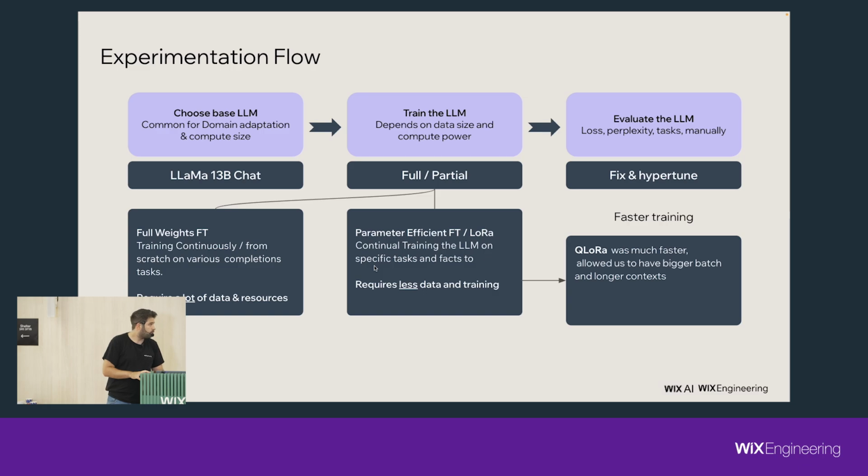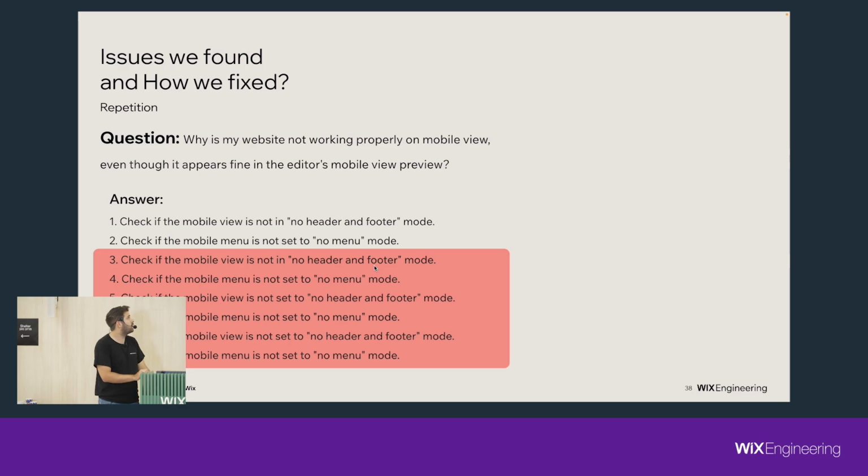Now that we have this flow of training and what we've done, when you start training, you start to see a lot of noise. So let's see some of them. One of the issues that we tackled is repetition. Everyone that trained an LLM might have seen the LLM creating repeated sentences.